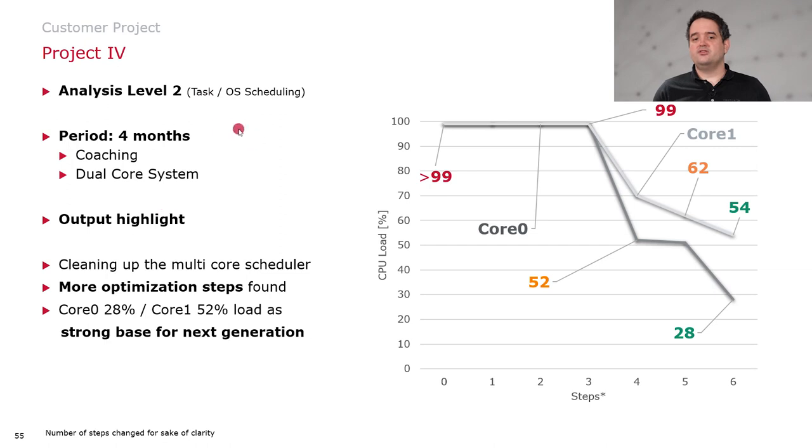This was a period of 4 months in a Vector coaching mode in a dual core system. And as an output highlight, you see the initial CPU load on both cores from 99% was decreased to 28% on core 0 and to 54% on core 1. So the very benefit of this approach is that with these loads on each core, it's a really strong base for the next generation ECU of this project.